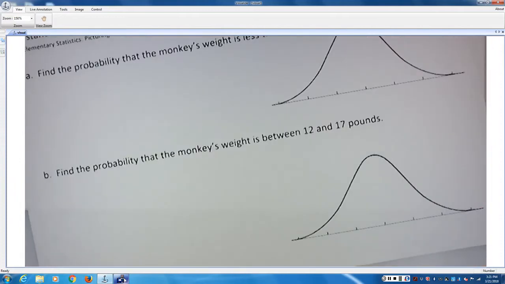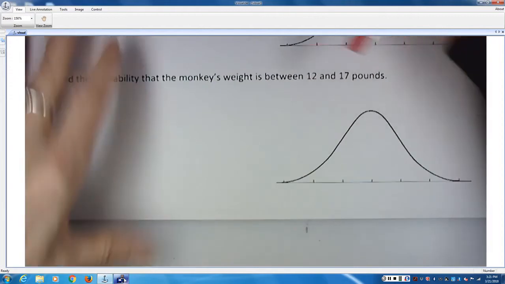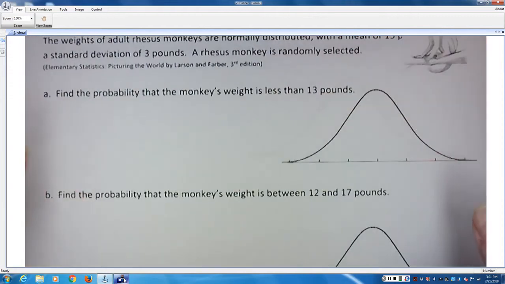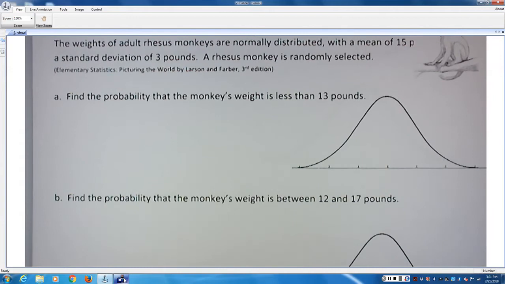So now we'll do an application problem. And our first problem says the weights of adult rhesus monkeys are normally distributed with a mean of 15 pounds and a standard deviation of 3 pounds.